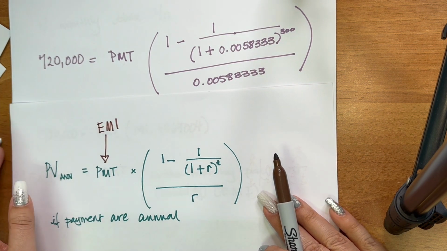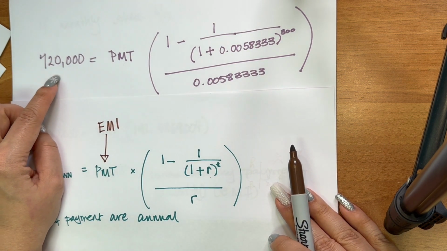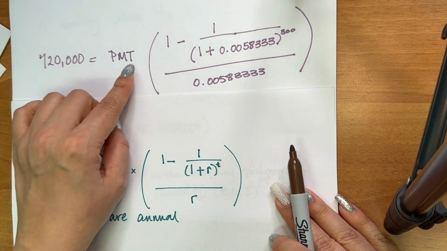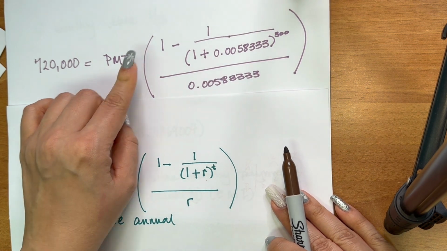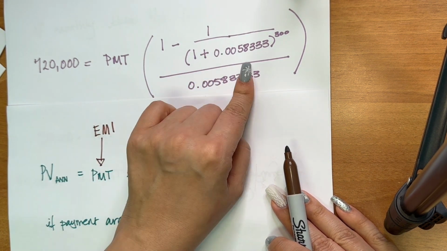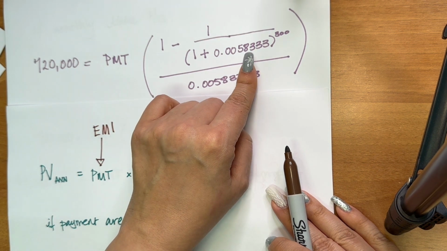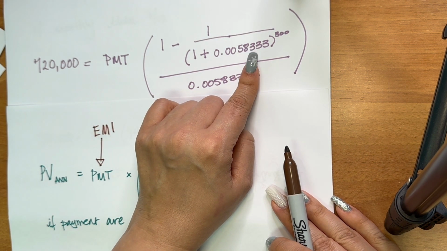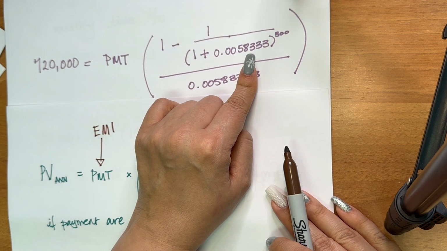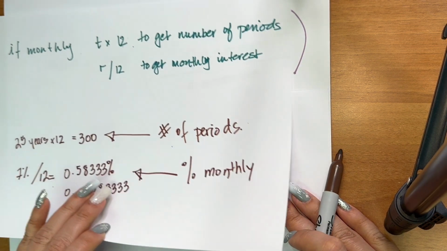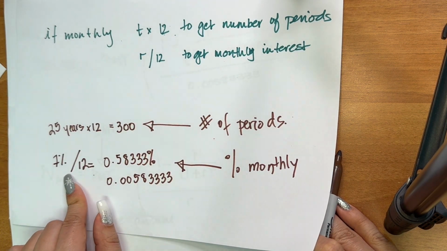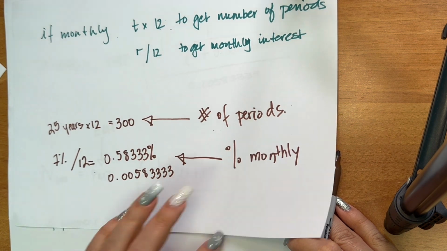So this present value of the annuity is 720,000. The payment, that's what I need to find. And then I've put everything in here that is a monthly rate. It's not the 7%. It's the monthly one that I calculated. Again, remember, this was annually at 7%. I converted it to a monthly rate.